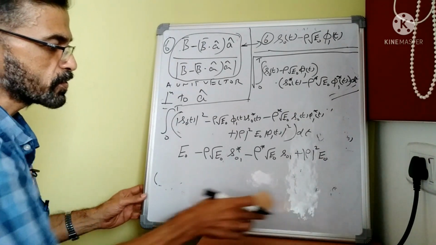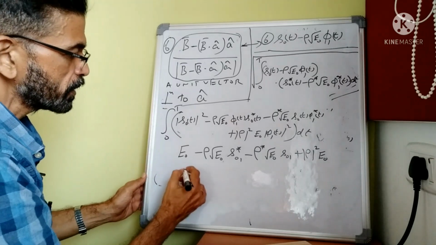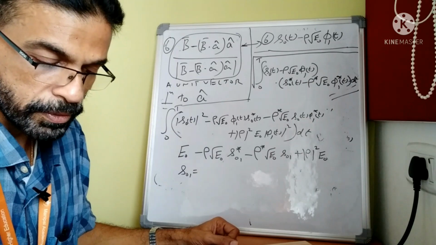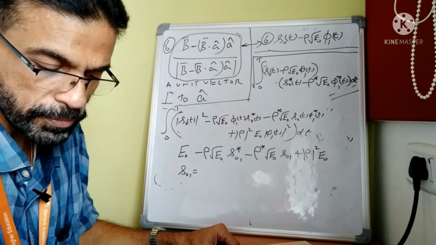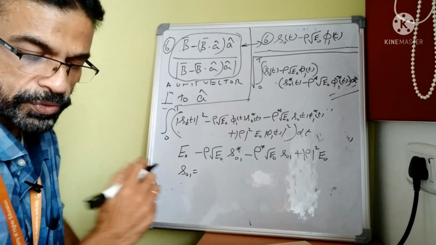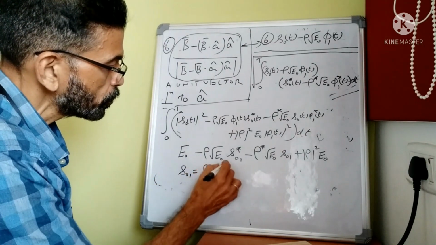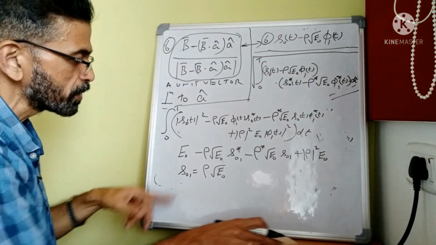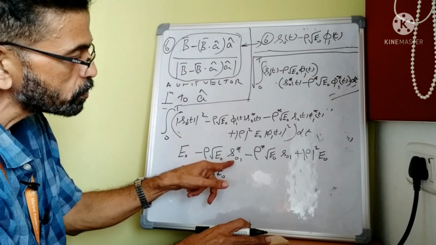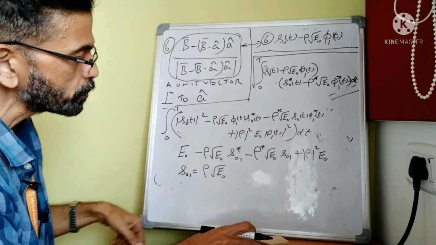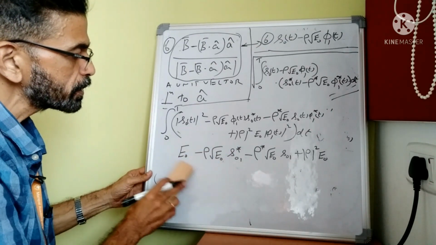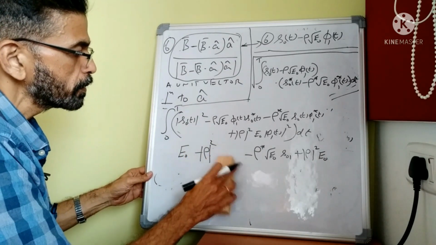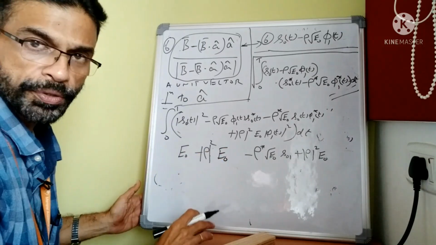So we have the result like this, and we know that we obtained s01 a short while ago, and that was rho root E naught. I had explained it, I remember. So s01 is rho root E naught. Substitute for s01 conjugate, rho conjugate root E naught, and you will get E naught.